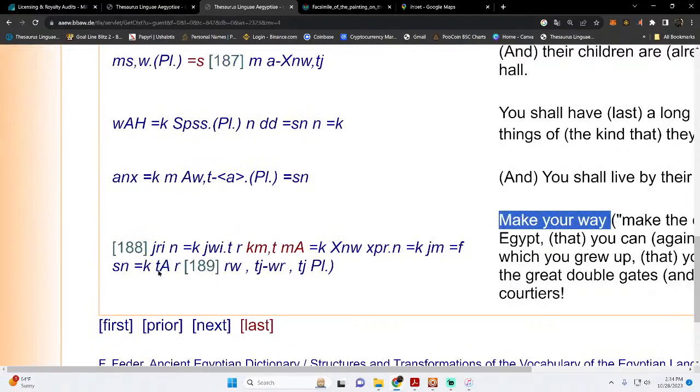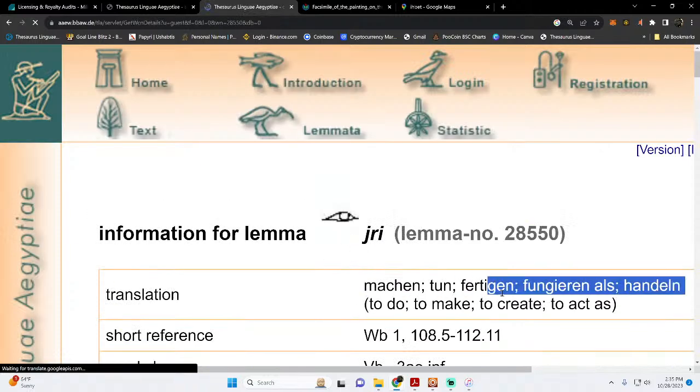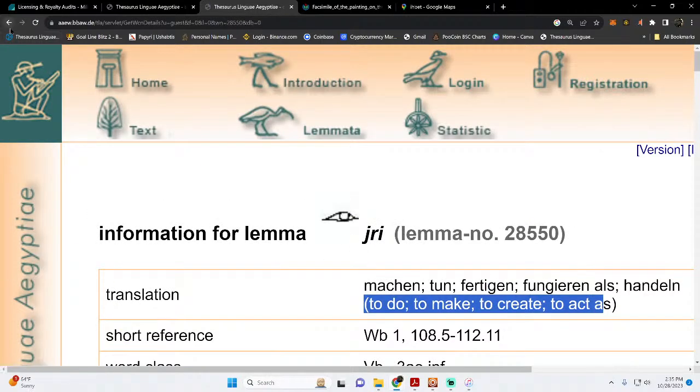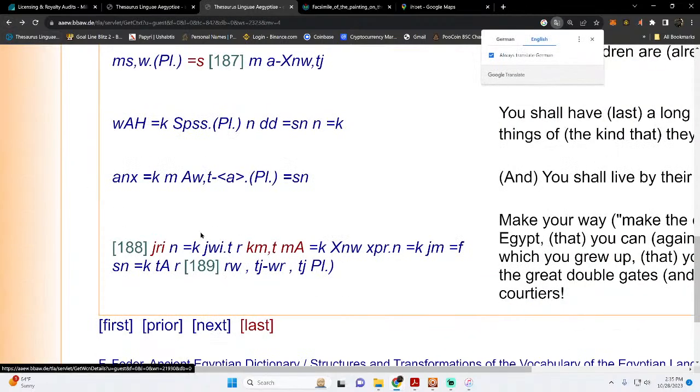Now let's go over here. Uri, go, you should go. This is Uri NK. This is to make your way, not you should go. This is the you should go. Make, this means make, create, to do, to make, to create. Make to you, go to, this is the directional to. Kemet, ma, like you.